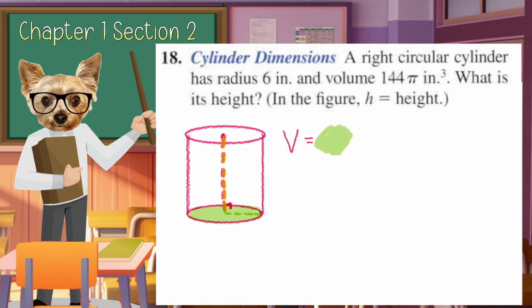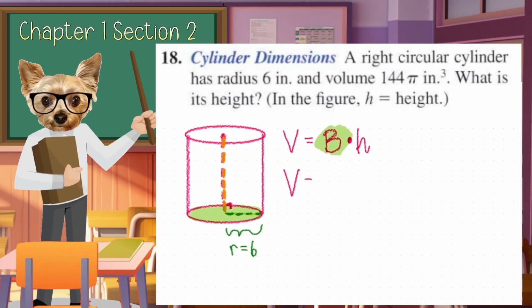I'm just really pushing this so that I could help people memorize it. If you look it up online, sometimes they'll write capital B times H, and capital B will stand for area of the base. All right. And since the radius is over here, I believe that was given in the problem. In this case, r equals 6. But at first, I will write it just as a formula.